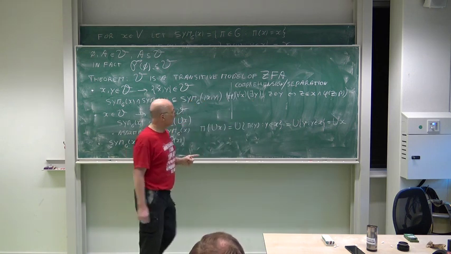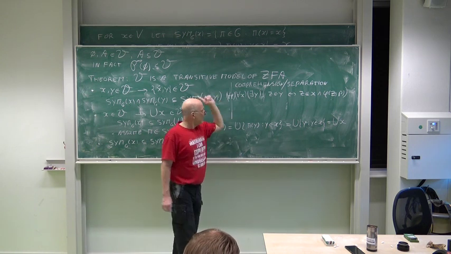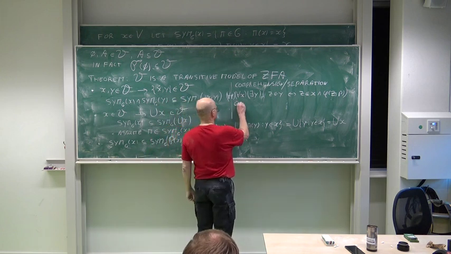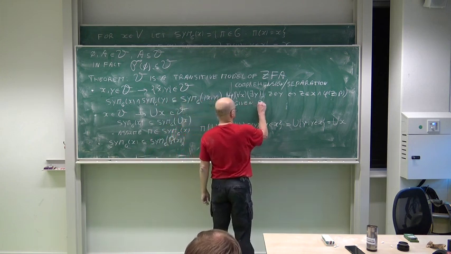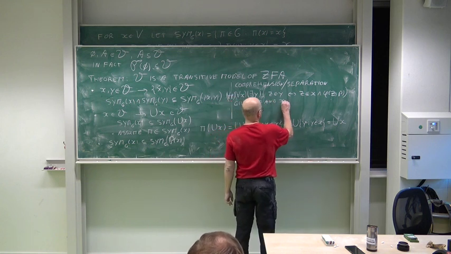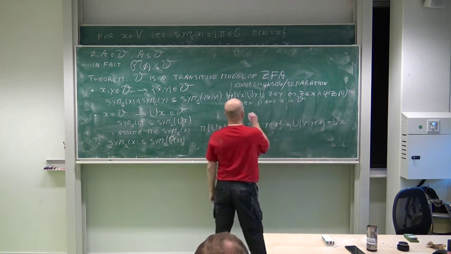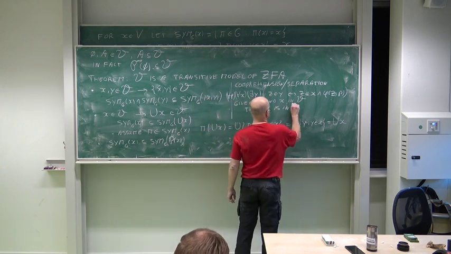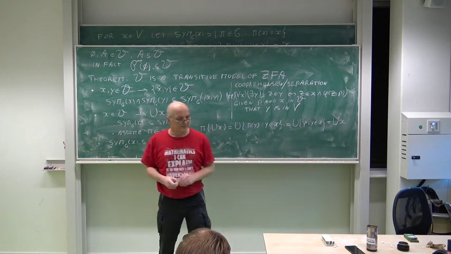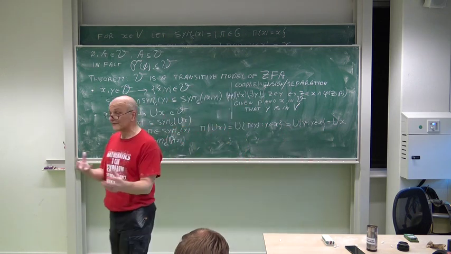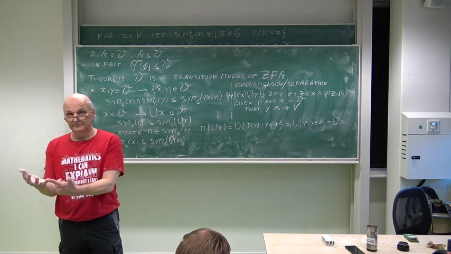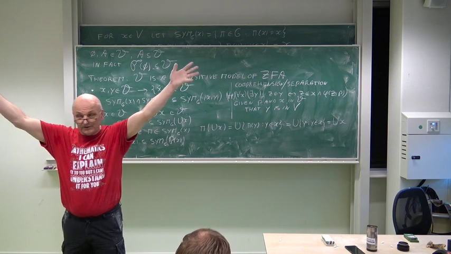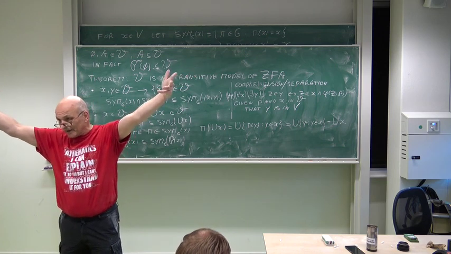Now, what do we know? Well, if we have the P and the X, then the set Y that we're looking for happens to be in the big universe V, because our universe V satisfied the axioms.